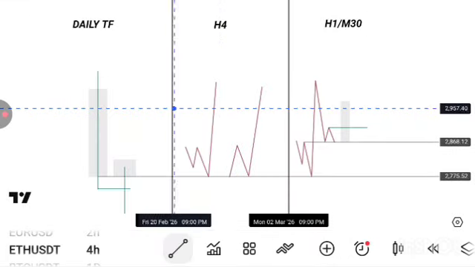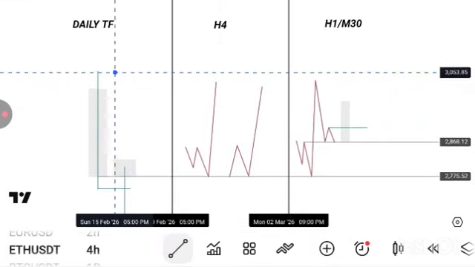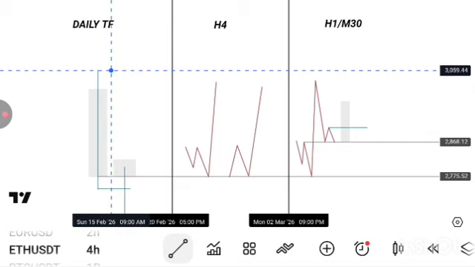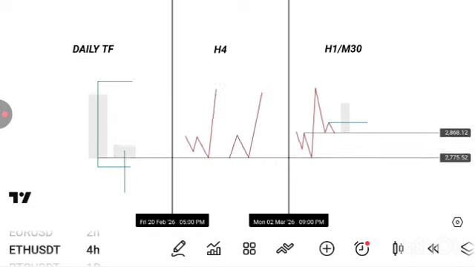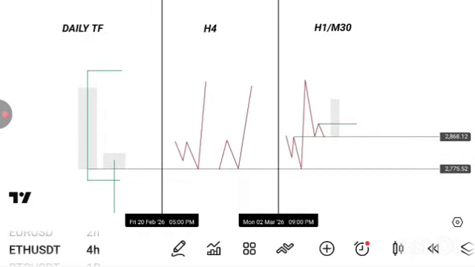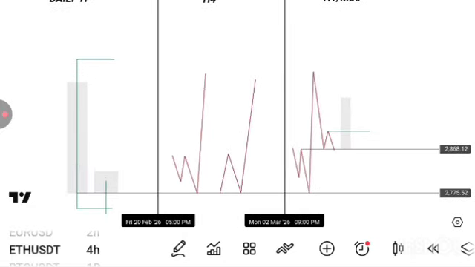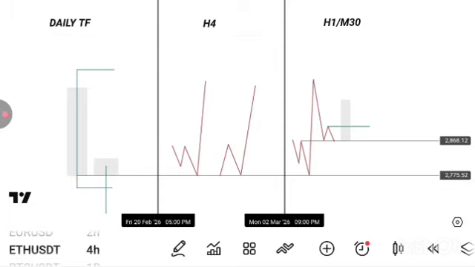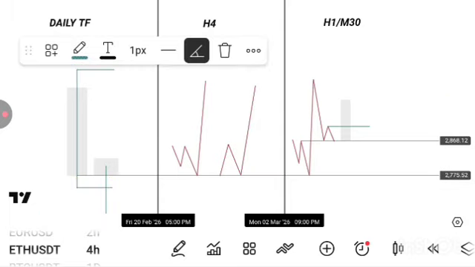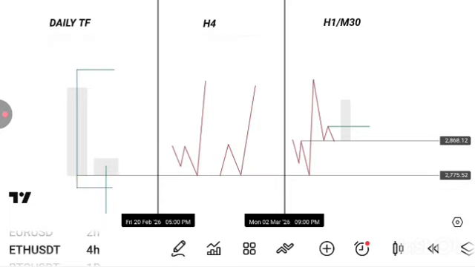You're expecting an expansion to the upside. If price is bullish, you're expecting an expansion to the upside towards this external liquidity right here, right? So the idea is that price takes out internal range liquidity, then goes on to take out external range liquidity.